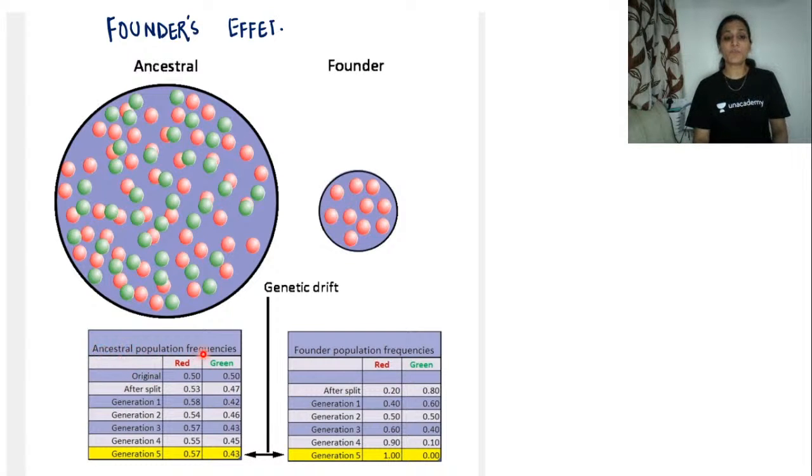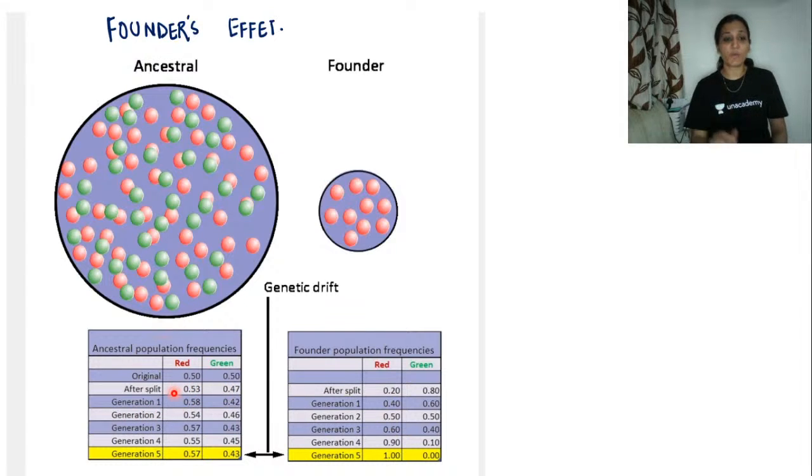See, in the ancestral population, the frequency for red and green in the original was initially equal. Red and green were just equal in number. Then after the split, red became a little higher than the green in the generation.